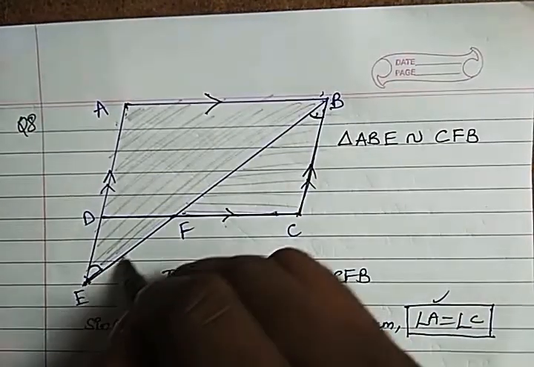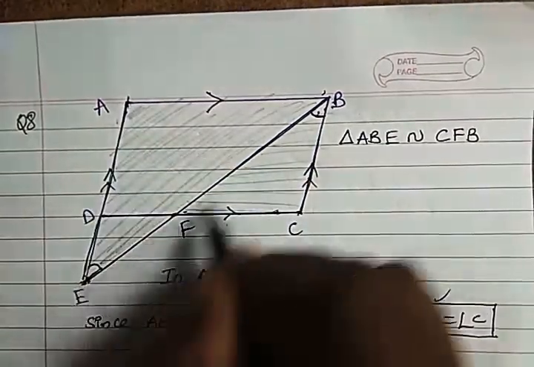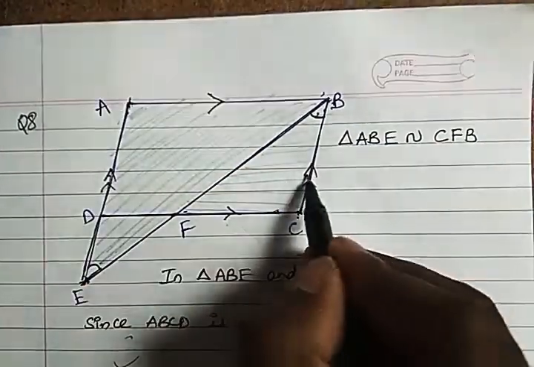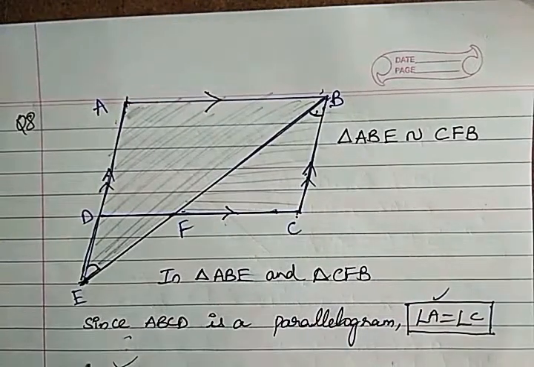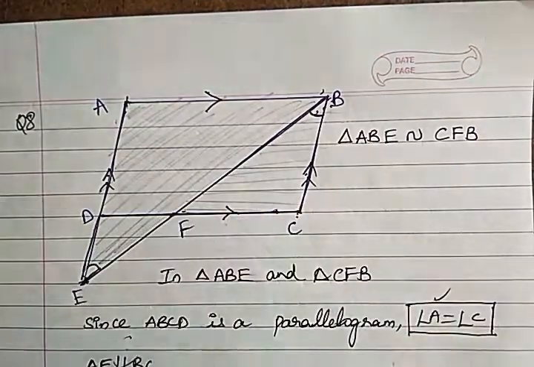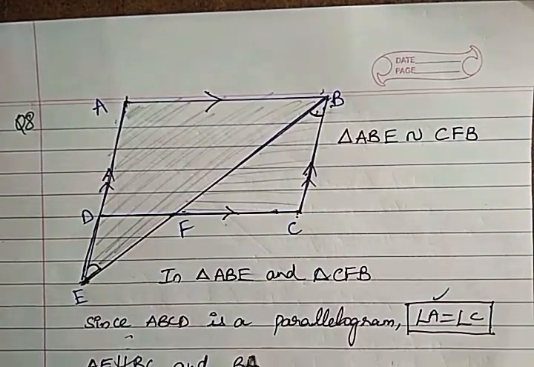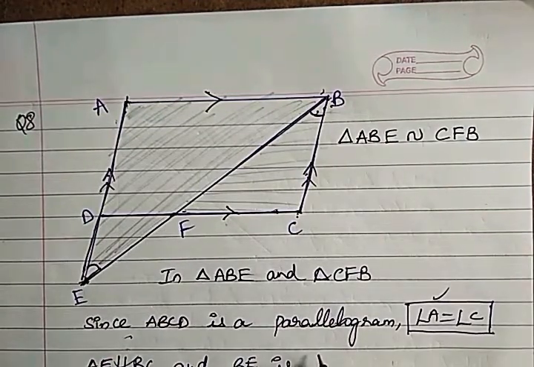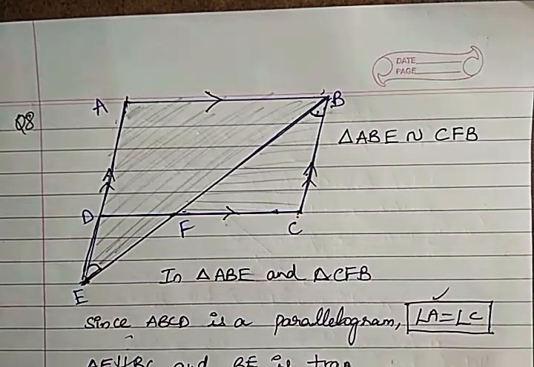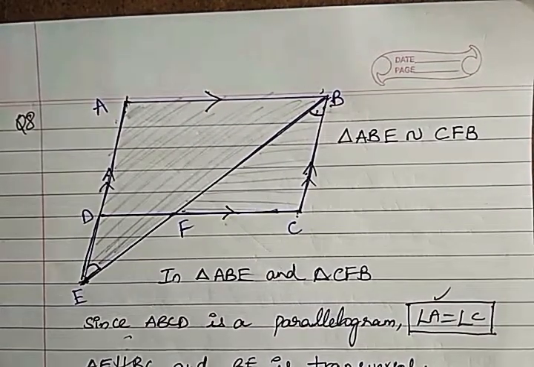Wherever you get a perfect Z shape, we can see the alternate interior angles. So AEBC is a Z, and these two are parallel. AE is parallel to BC because it is a parallelogram, and BE is a transversal.